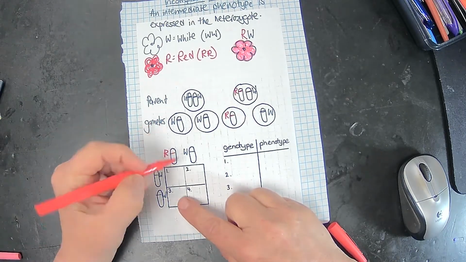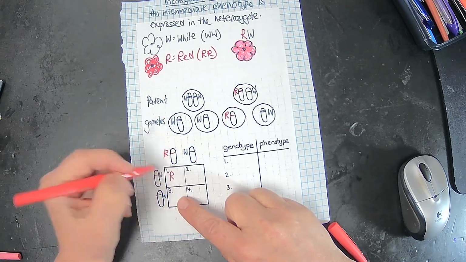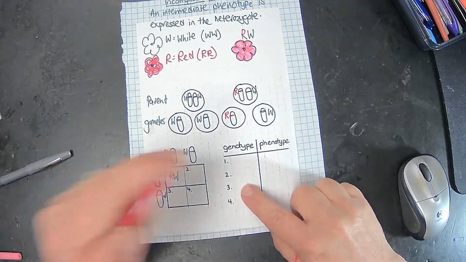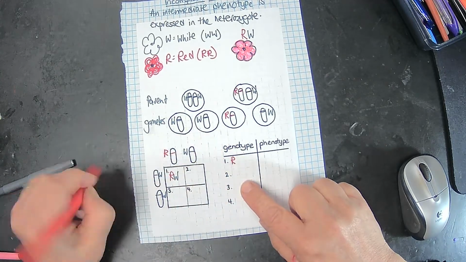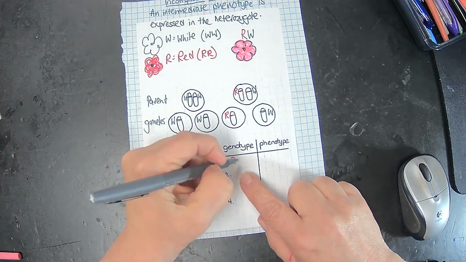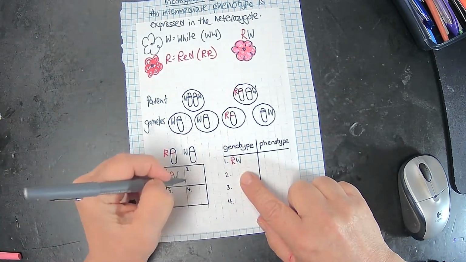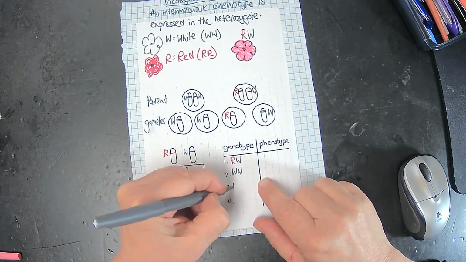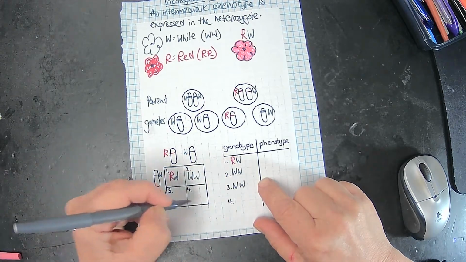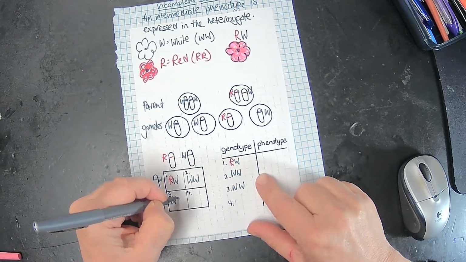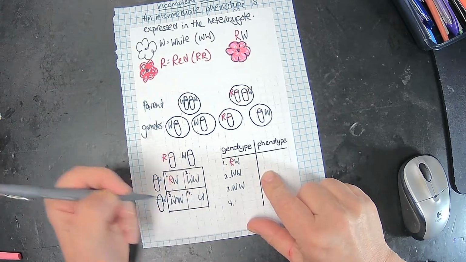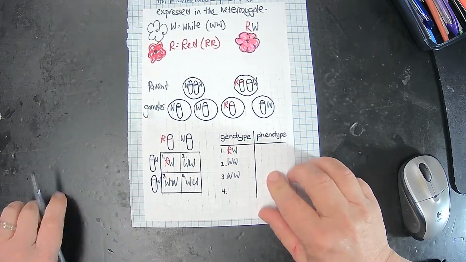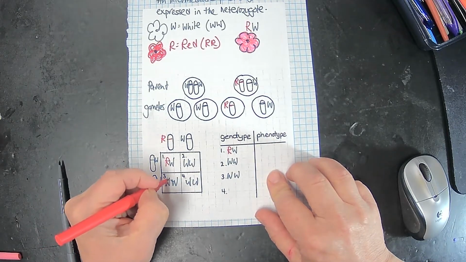So what would we get? This one would be R and W. So over here, this would be R and it would be W. Number 2 would be WW. No, I made a mistake there. This should be an R, shouldn't it?